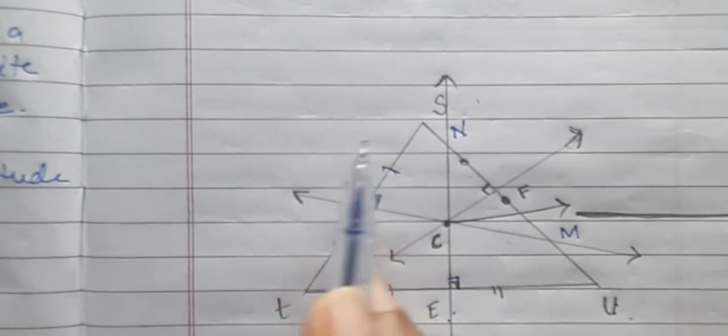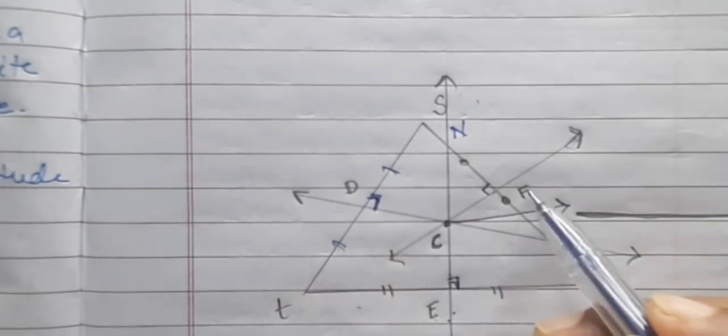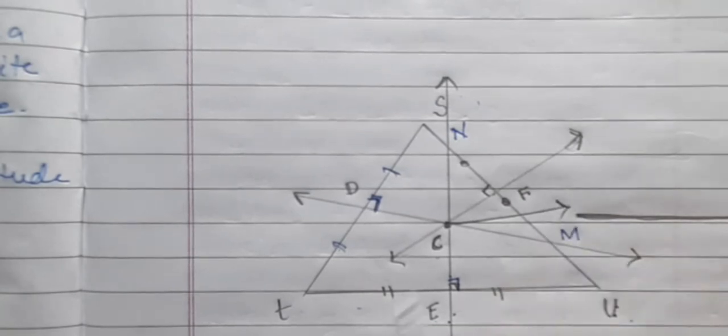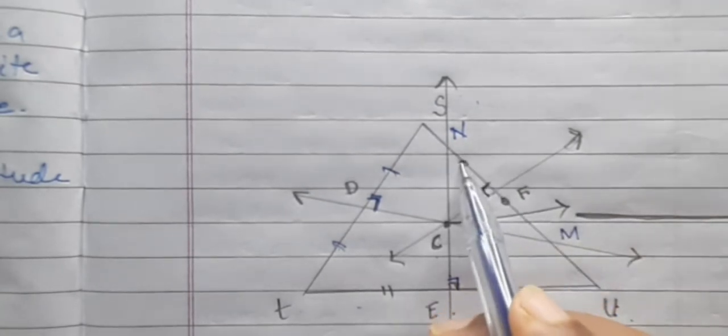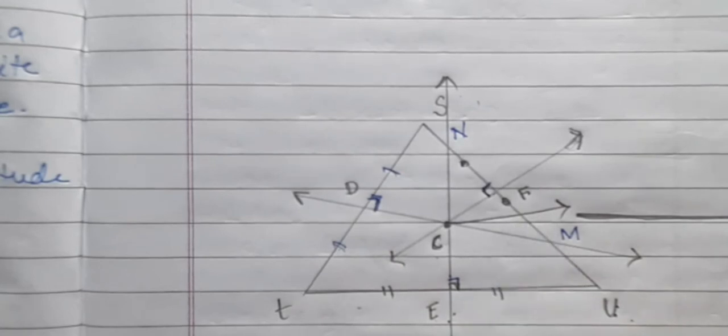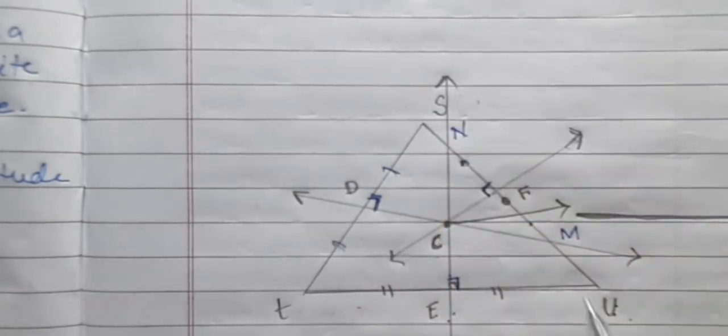Similarly, SU is divided by line CF. Here it is making an angle of 90 degrees, and here it is dividing SU into two equal parts. Now these lines which are perpendicular to the side and dividing the side into two equal parts are known as perpendicular bisectors.